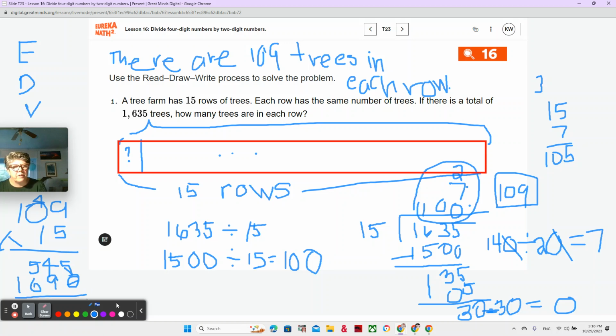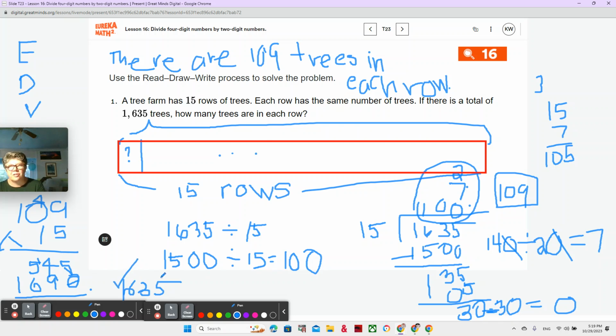Let's see if I move this. I thought I could. There we go. Oh, okay. So that would be 5. 9 plus 5 is 13. 5 plus 0 is 5 plus 1 is 6. And 1,635. Correct. All right.